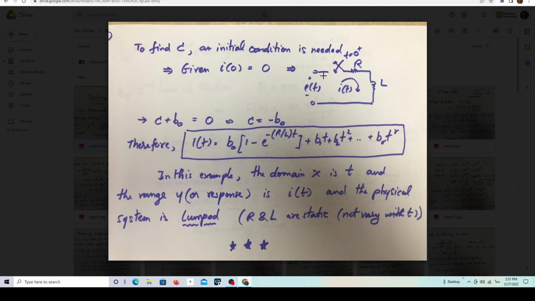It's similar to the physical system like this, where at time 0 we close the circuit so that it becomes a complete circuit that can generate e(t) and i(t).